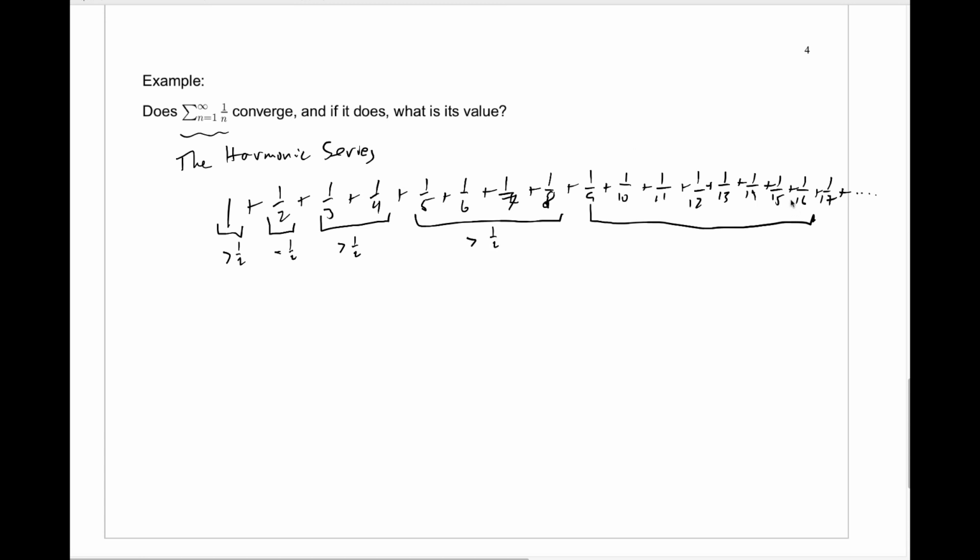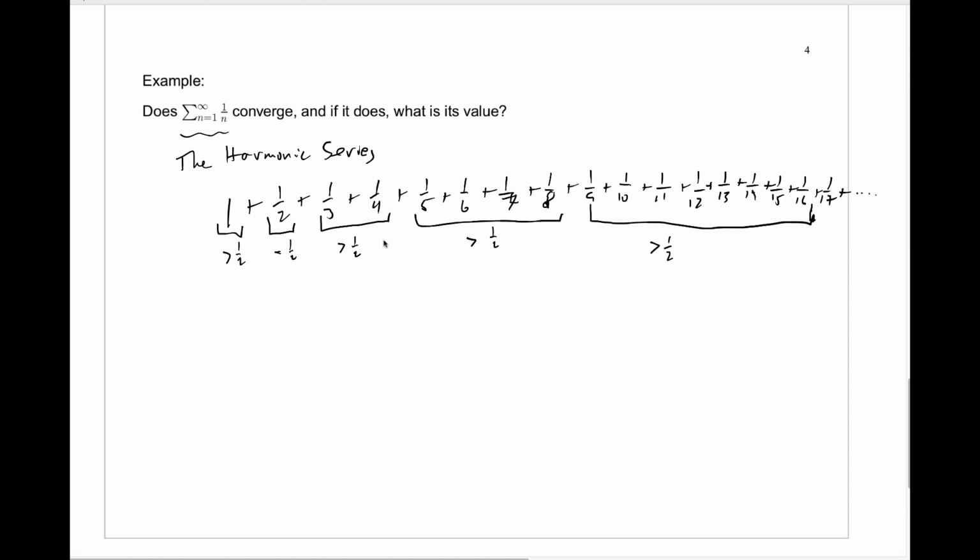In this group, I have 8 terms. This one, not including the 1/17 here, it's stopping there. I have 8 terms, and 1/16 is the smallest of them. So when I add them together, I have more than 8/16, which means I have greater than 1/2. Now, I claim this pattern can continue forever in the following way.